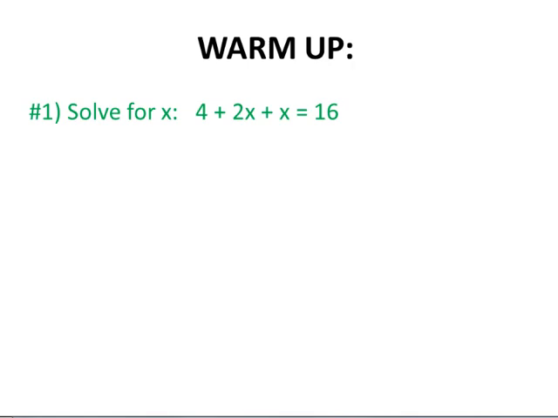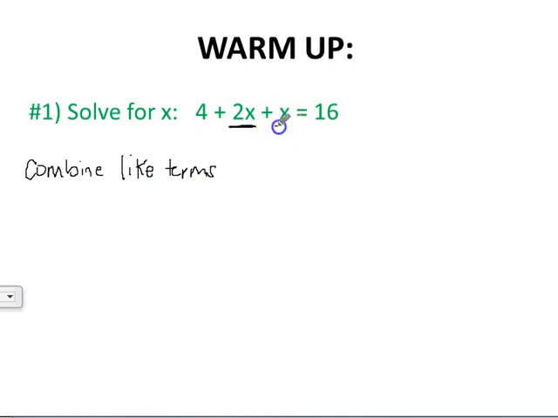All right, so the first step is we need to look through and see if there's any parentheses, if there's any distributing we need to do. And I don't see any parentheses, so no distributing. So our next step is to look to see, can we combine any like terms? And I'm looking through here and I do see that there are some like terms.